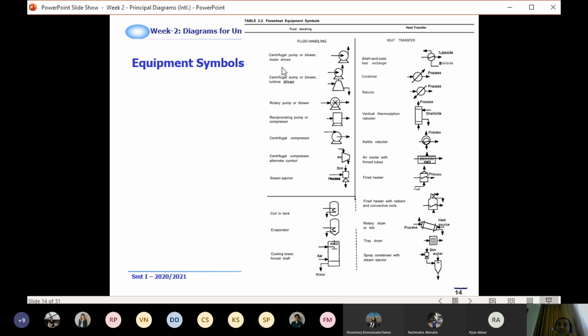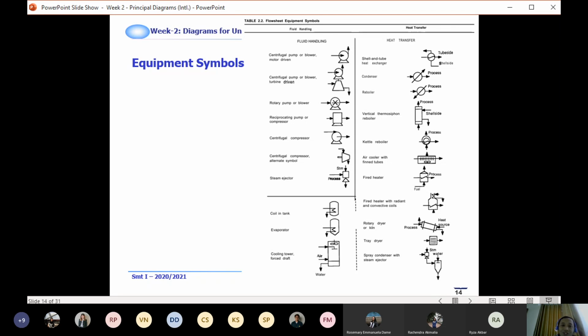But the thing that I want to mention is: don't make symbols by yourself. Again, why? Because the PFD is used as the universal language for chemical engineers.